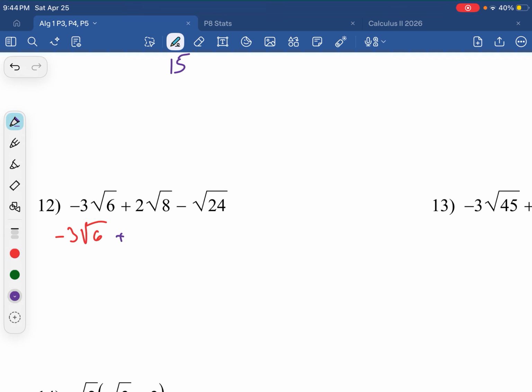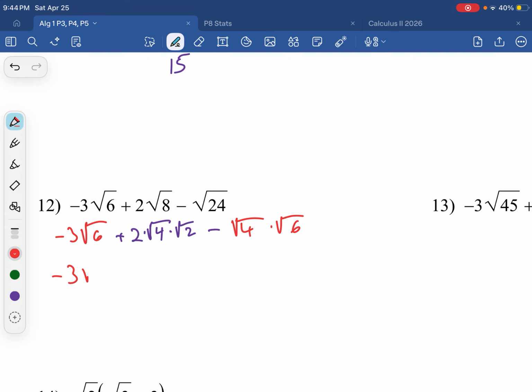But I can write this as 2 times the square root of 4 times the square root of 2 minus the square root of 4 times the square root of 6.